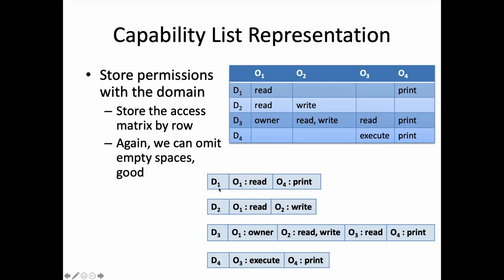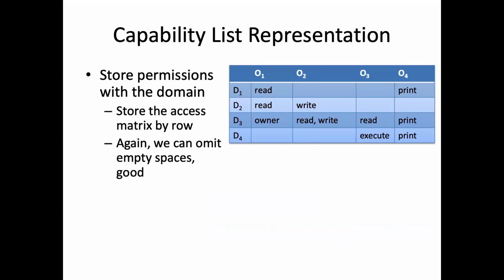So the capability list for D1 would just include those two access rights. The fact that D1 can't do anything with object O2 or object O3, we would just leave that out of the capability list. And that would reduce the storage overhead.